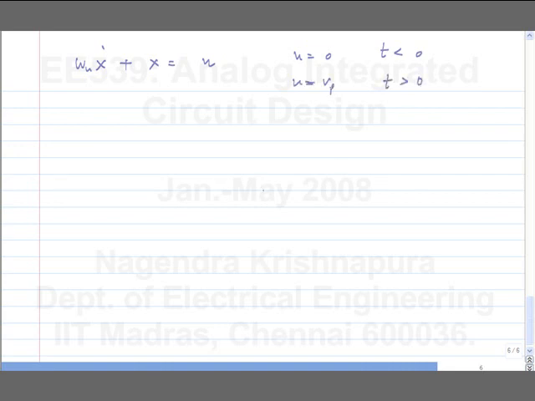At t equal to infinity, this is the steady state, so x equals Vp. And at t equal to 0, let's say x is some initial condition. The solution to this type of equation is v of 0 e to the minus omega_u t plus v of infinity times 1 minus e to the minus omega_u t.